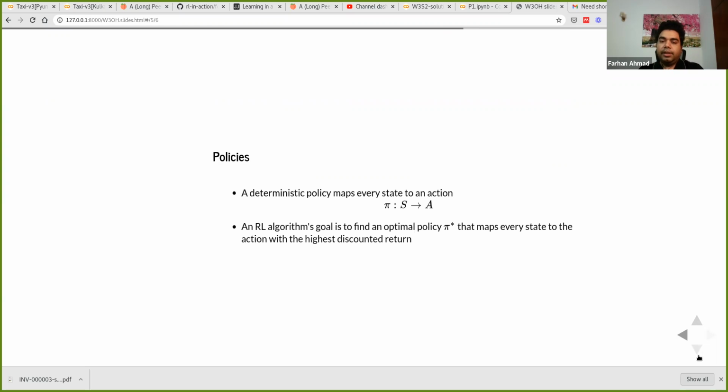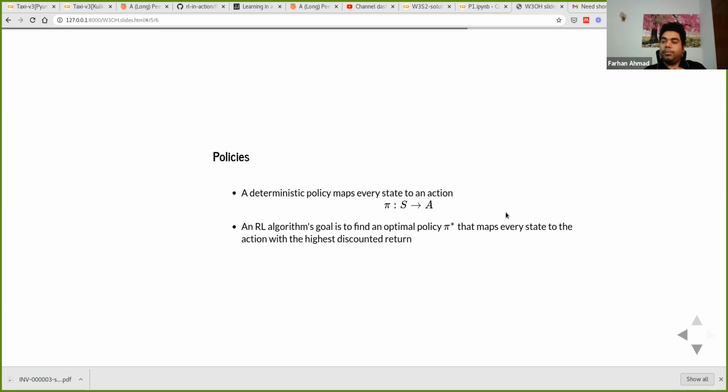Policy, very simply, we already know that intuitively policy is the guideline that the agent has to follow, which means that policy tells you which action to take in a state, right? Now that policy could be deterministic, like this one, that takes a state as an input and produces an action as an output.